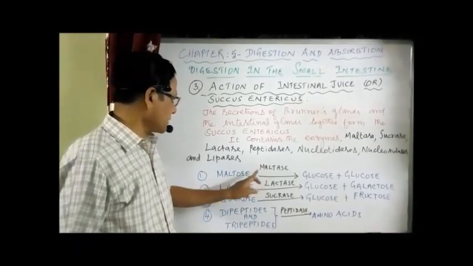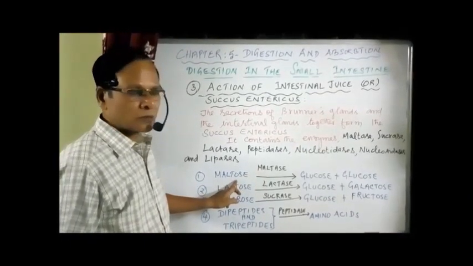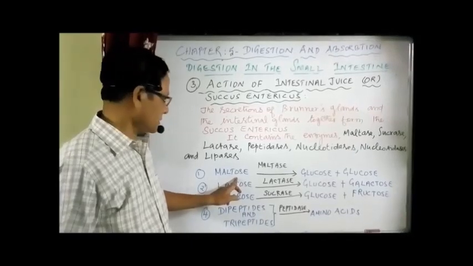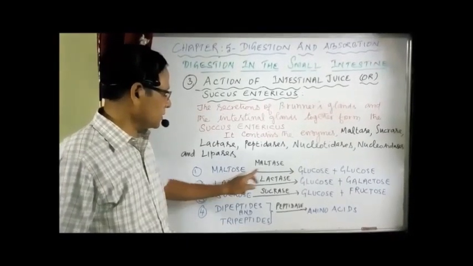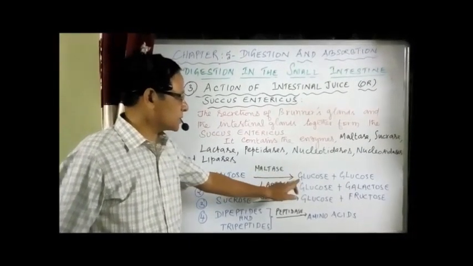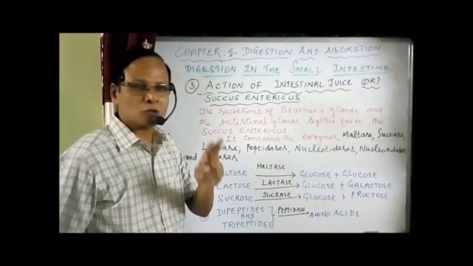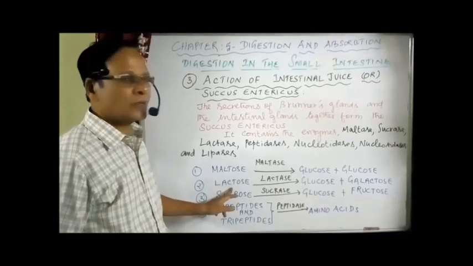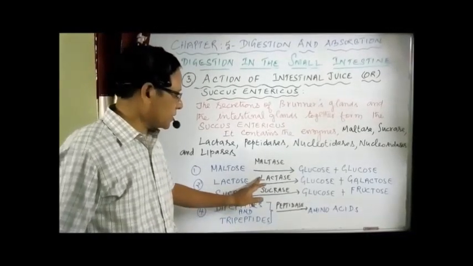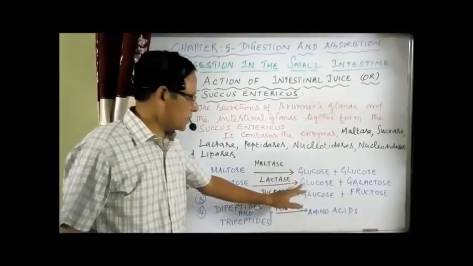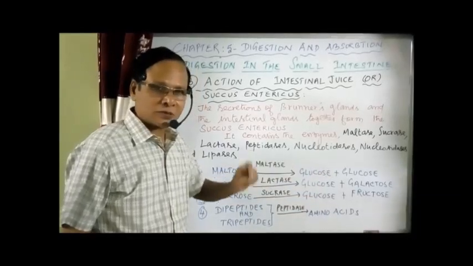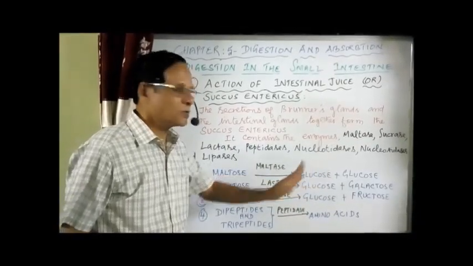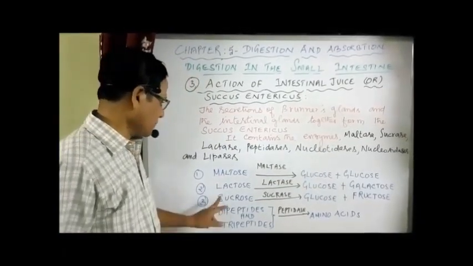So maltase acts on malt sugar, maltose, found in germinating cereals. It is a disaccharide formed of two glucose molecules, glucose plus glucose. Then lactose, a milk sugar, is acted upon by the lactase enzyme. It contains glucose and galactose, so we get two units of monosaccharides.